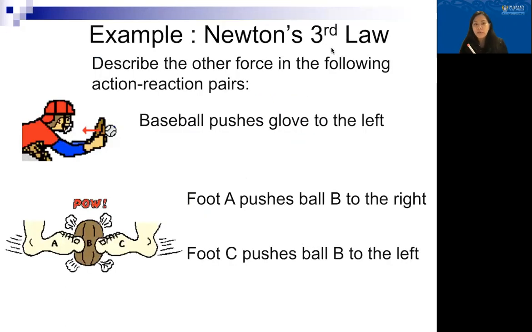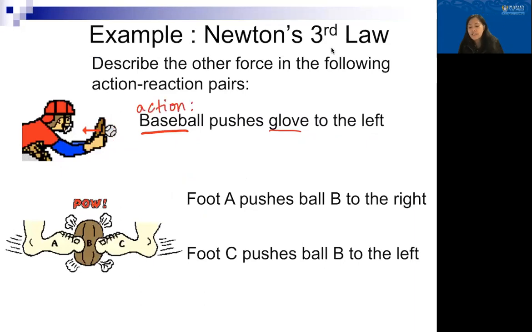So for example, here in the first figure, you have a baseball that pushes the glove to the left. You have your two things there, the baseball and the glove. What would be the reaction force to this action force?